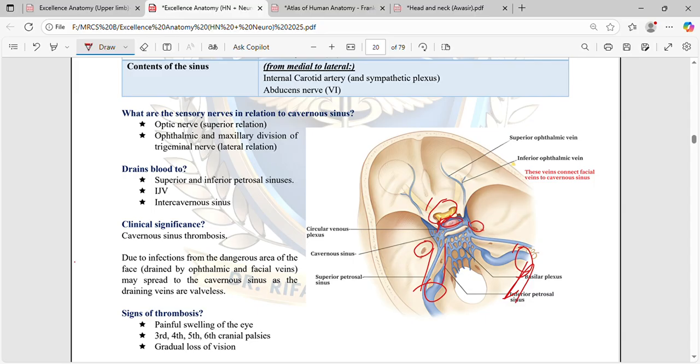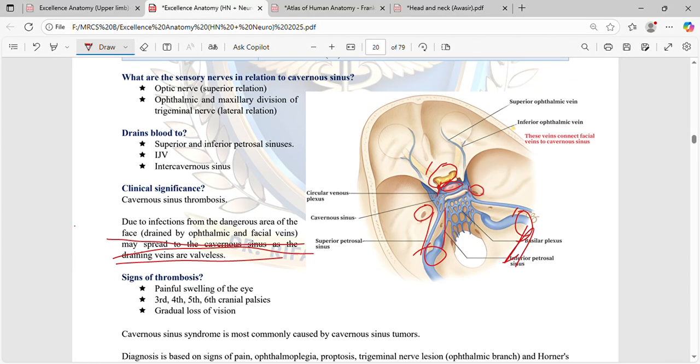What is the clinical significance of the cavernous sinus? Infection from the dangerous area of the face can lead to cavernous sinus thrombosis. Infection drains through the ophthalmic and facial veins and may spread to the cavernous sinus, because the veins have no valves. If you get cavernous sinus thrombosis, what will occur?